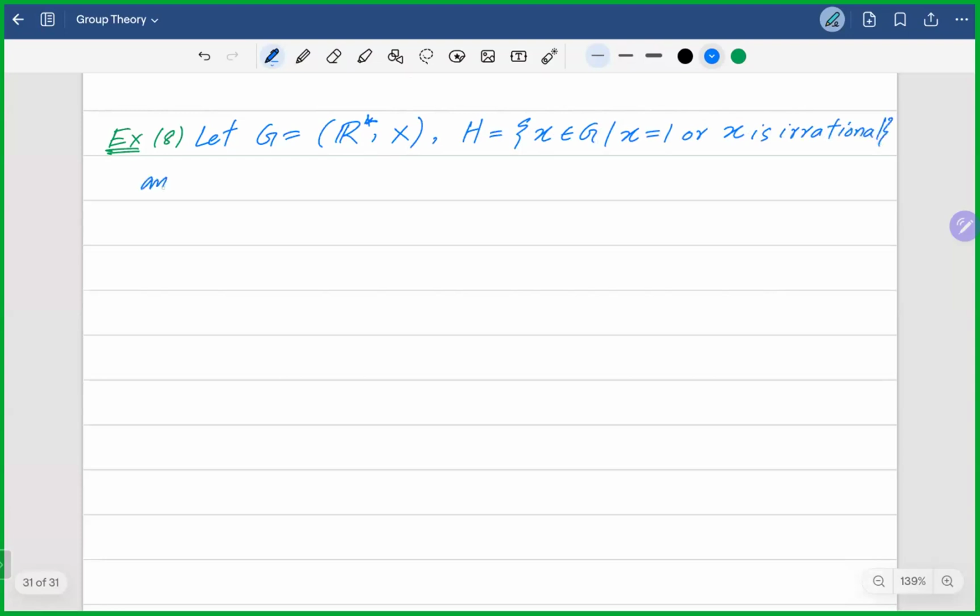And the set K contains elements from G which have the property that they are greater than or equal to 1.